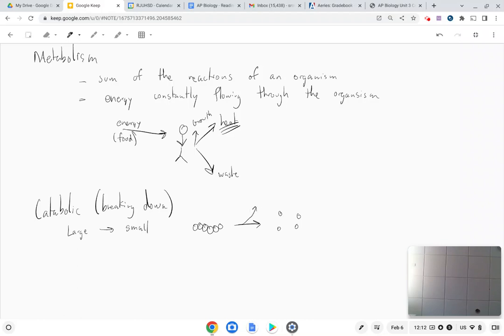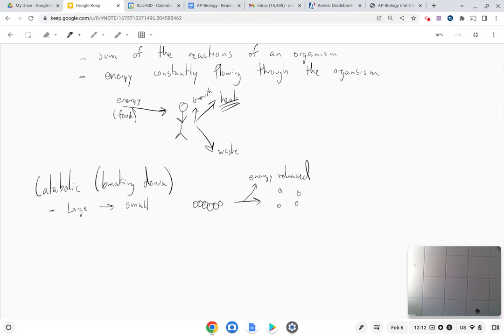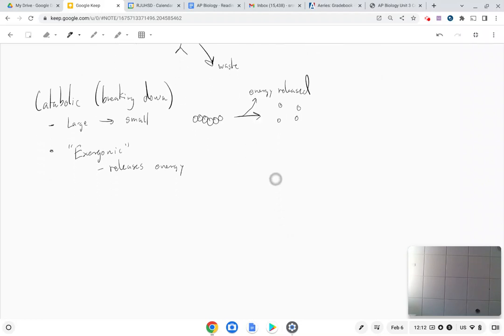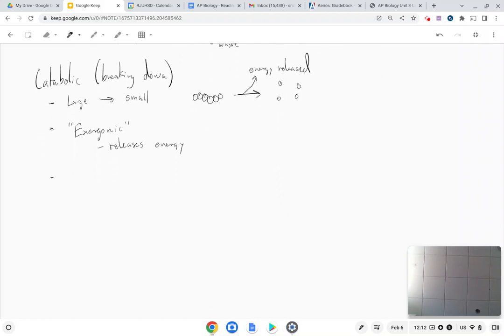Energy is released during this process. So we're going to say that the reaction is exergonic, which literally just means releases energy. The classic example of such a catabolic reaction would be cellular respiration.